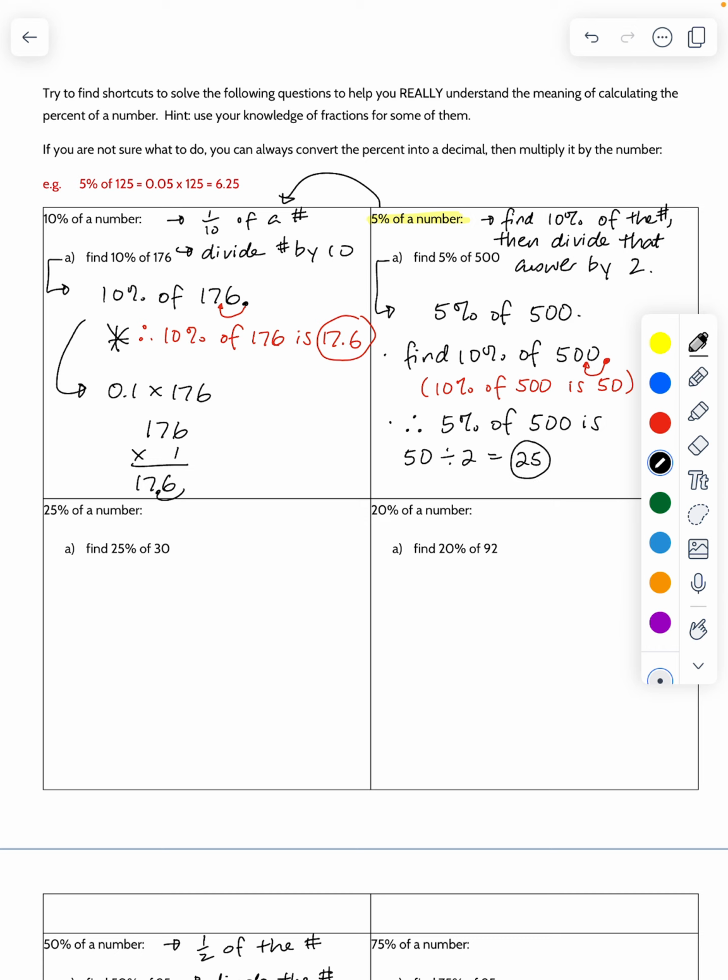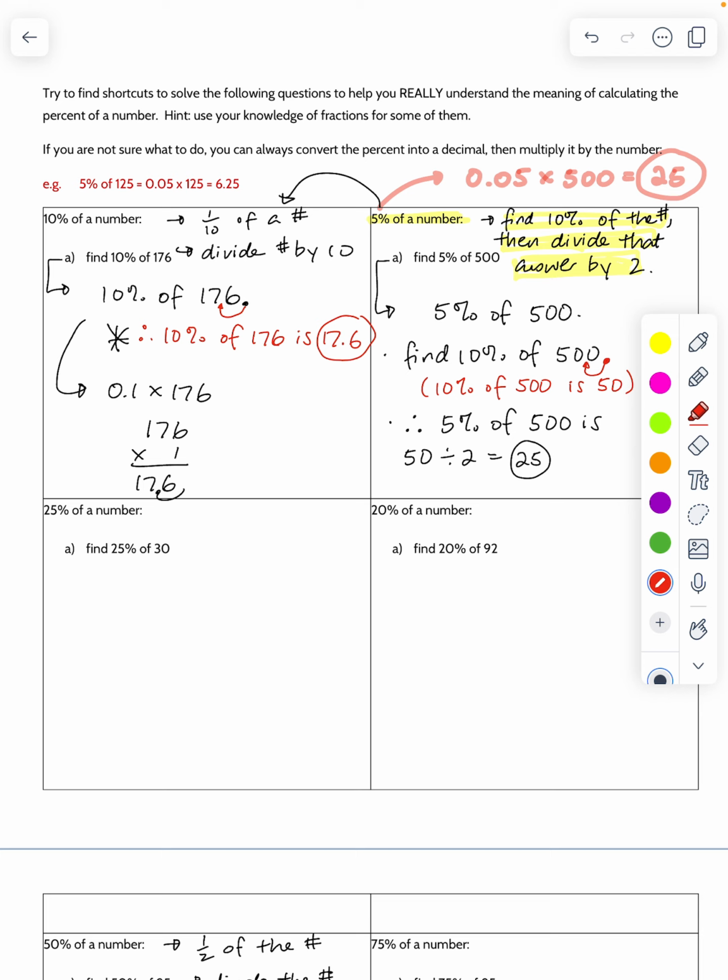We do that because, going back to the statement here, we find 10% of the number, which was 50, and then we divide that answer by 2 because 5 is half of 10. And if you don't understand any of this, then simply take the decimal of 5%, which is 0.05, and multiply that by 500. You will get the same answer. But again, choose what works for you.